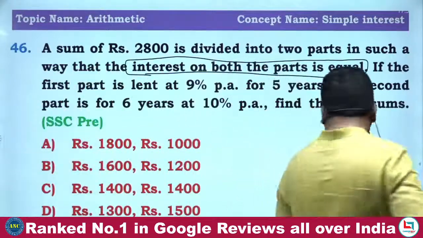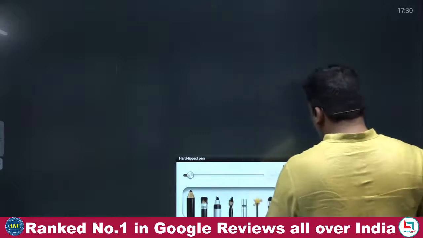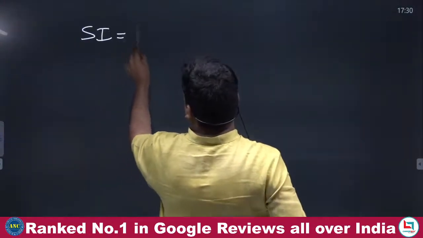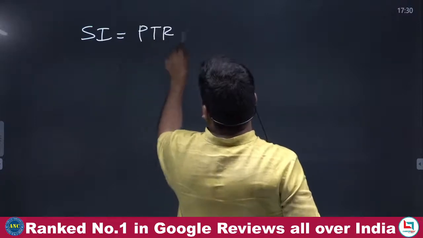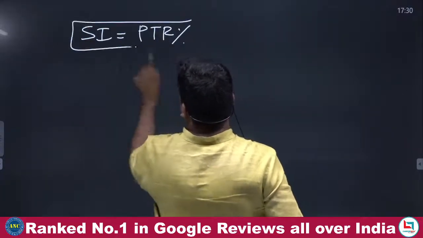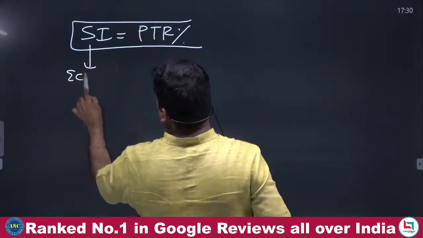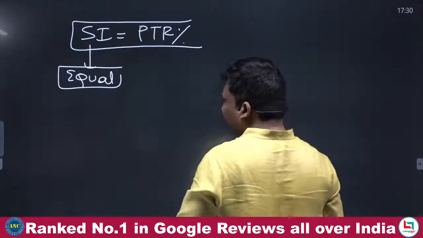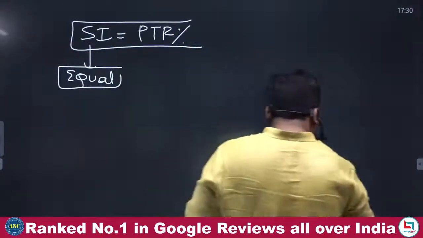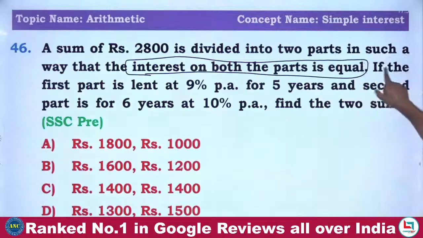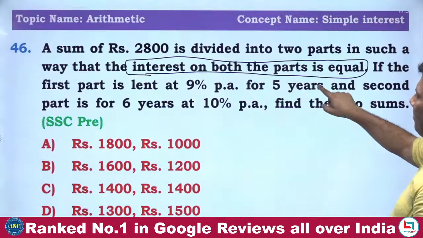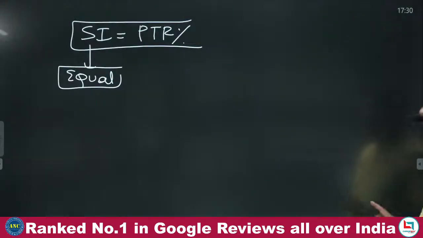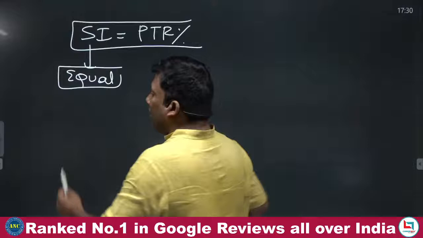Listen carefully, sir. Interest on both the parts is equal. I told you in practice session 1, simple interest is equivalent to PTR percentage. If the simple interest is equal, what is the question that he is asking? Now see here. If the first part is lent at 9% for 5 years, the second is 6%. Simple interest on both the parts are equal.